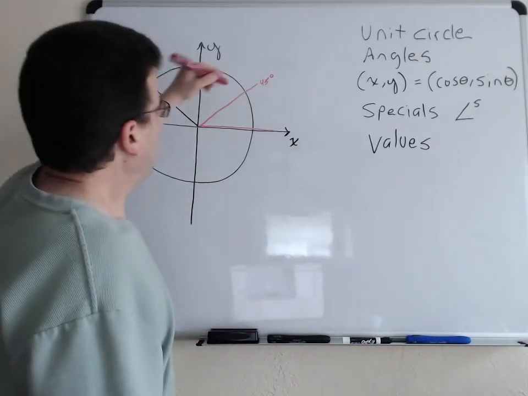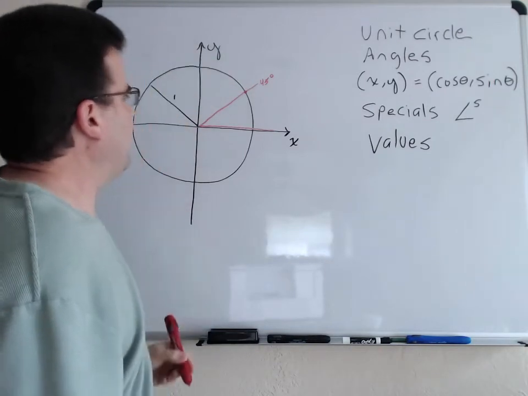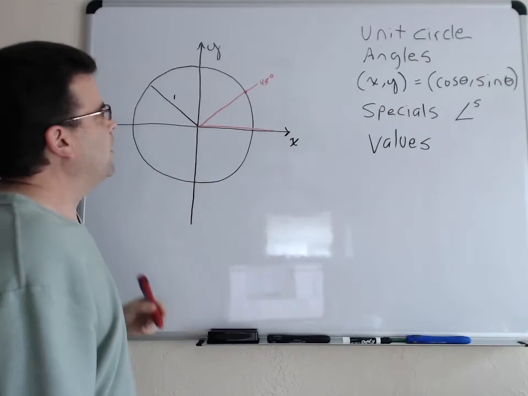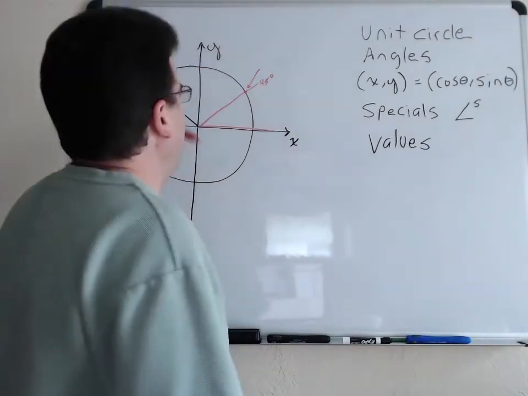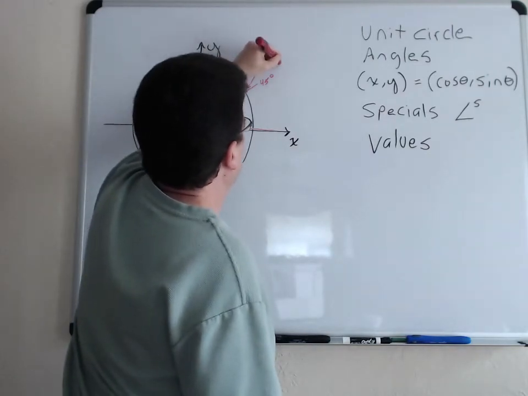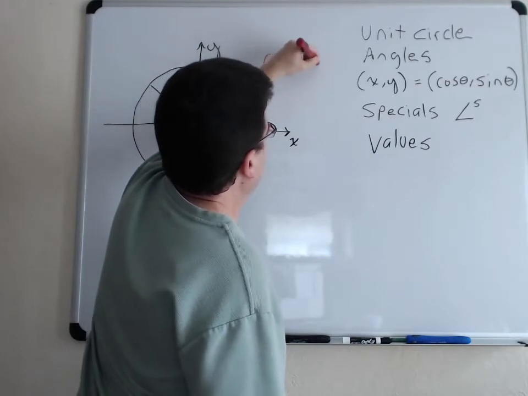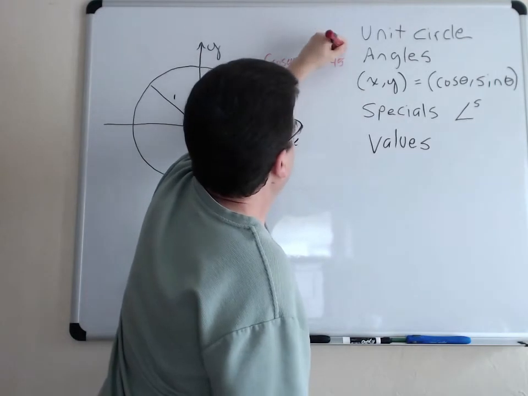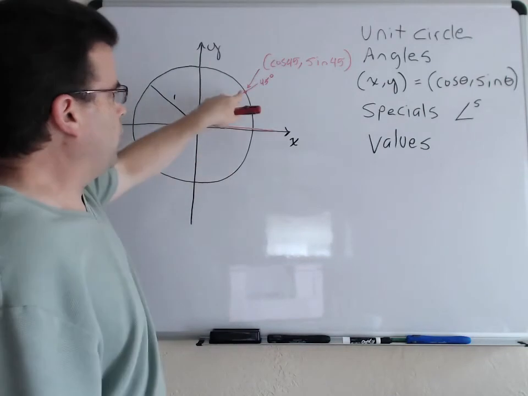So this point right here, the point where the terminal side of the angle intersects the unit circle, that point has the coordinates cosine 45, sine 45. So that's the coordinates of this point.